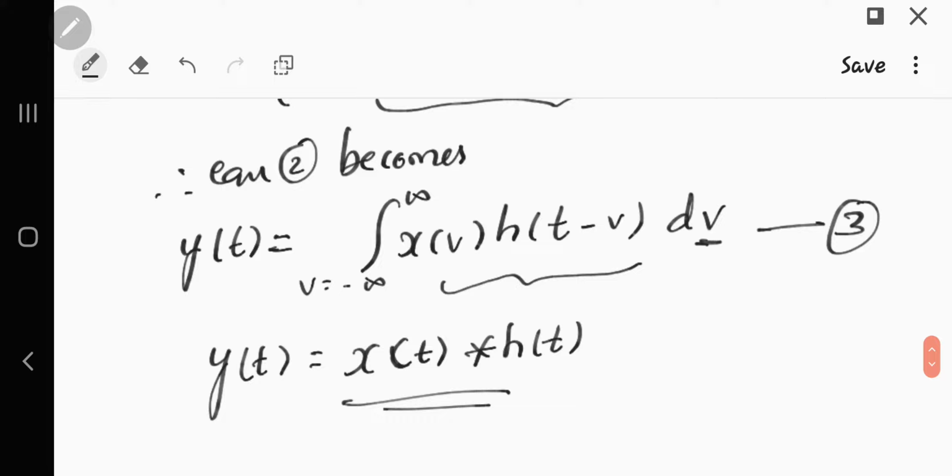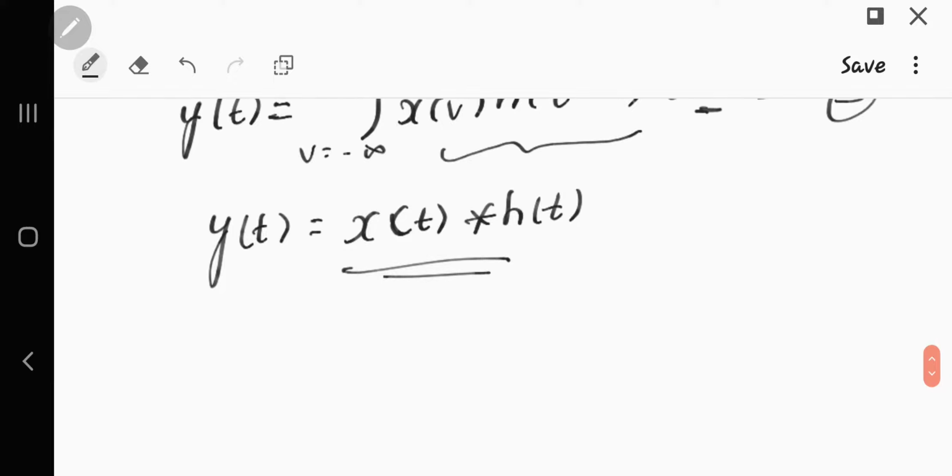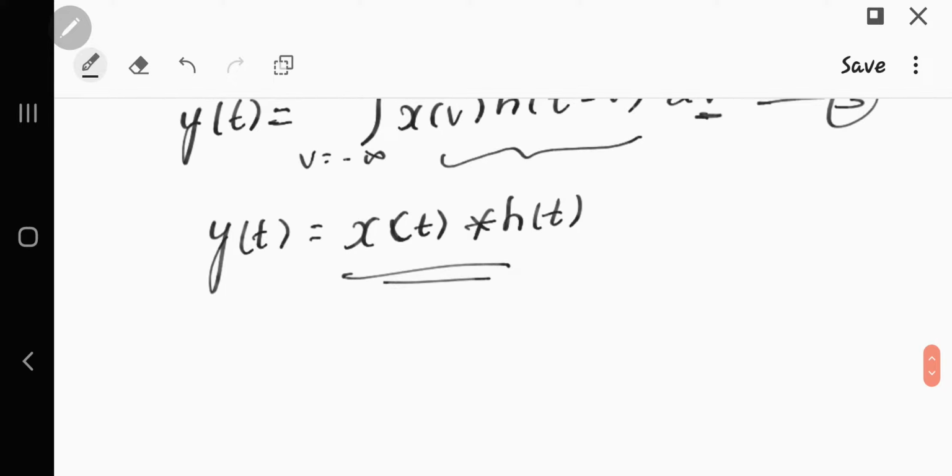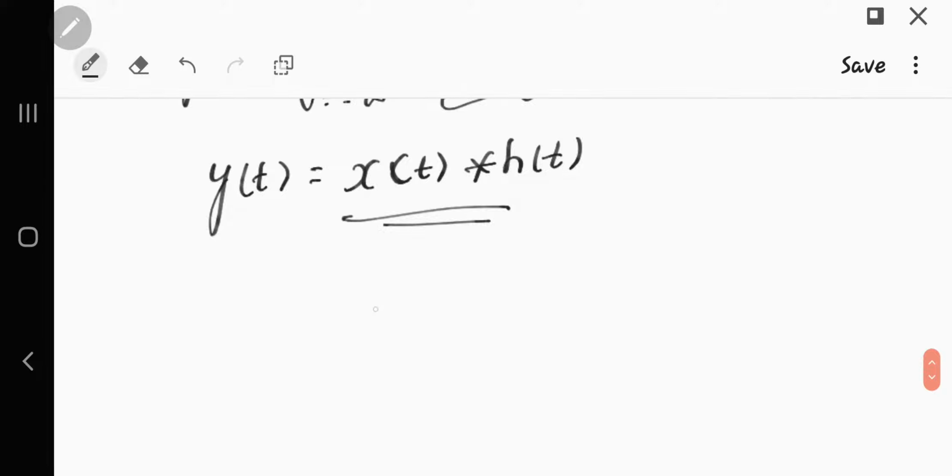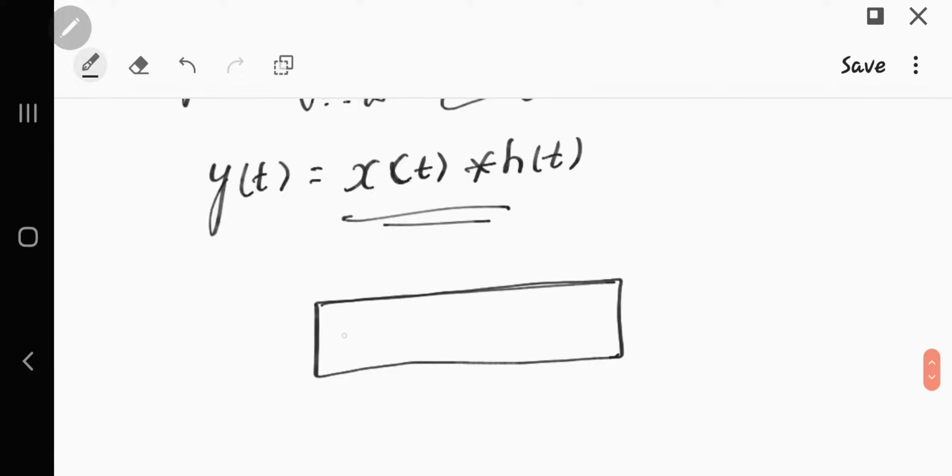So this is what we got for the output, that is x of t convolved with h of t, where h of t represents the overall system impulse response. Now, this impulse response is the impulse response of the equivalent system. So based on this, we can write the equivalent system this way: h of t is equal to h1 of t convolved with h2 of t.